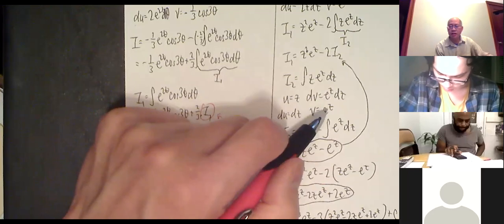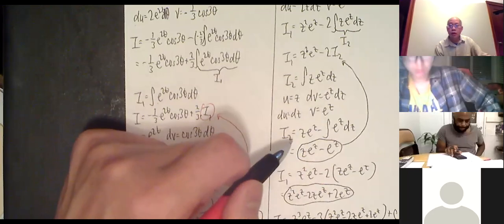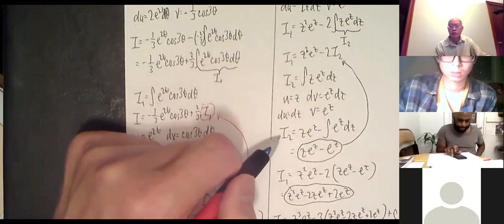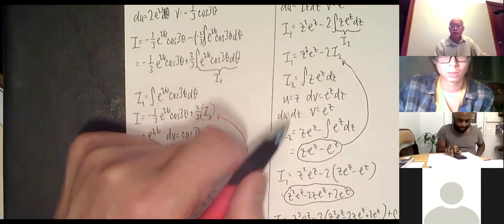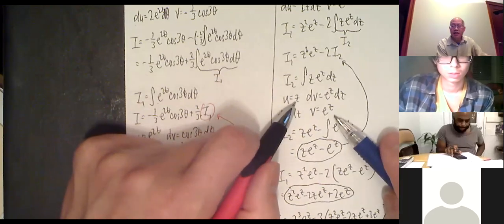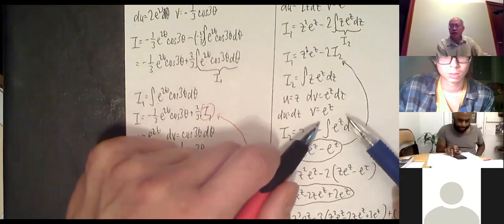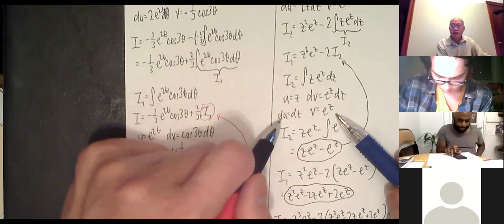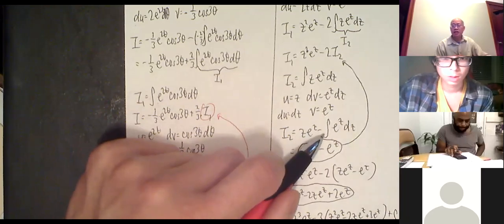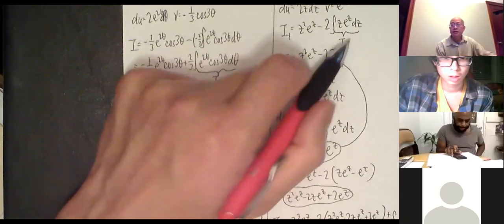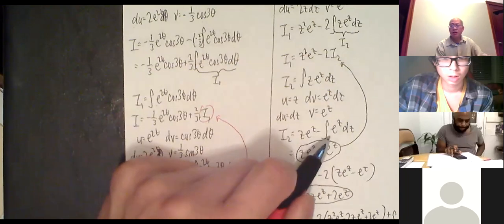And same thing, v equals e to the z. All right, so I got it. So I2 is uv, z e to the z, minus the integral of v du. e to the z du is dz. And there it is, just as we anticipated. Okay, z e to the z became just e to the z.